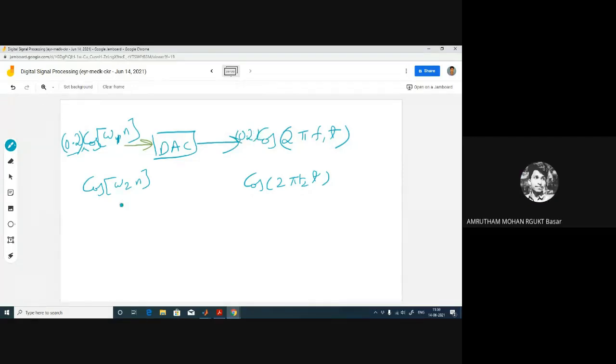I am multiplying with 0.2, I should get 0.2 once again, right? And if I multiply this with 0.1, I am going to get 0.1 as the output. This thing I am doing with the help of a digital signal processor.